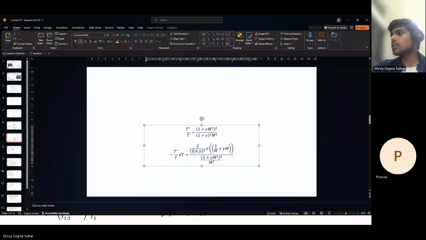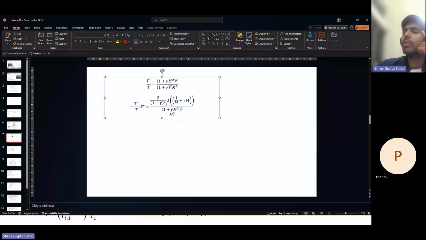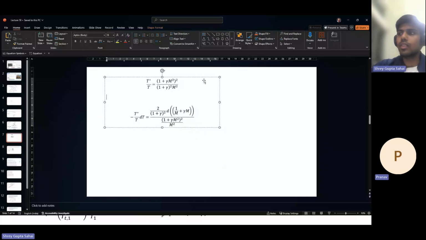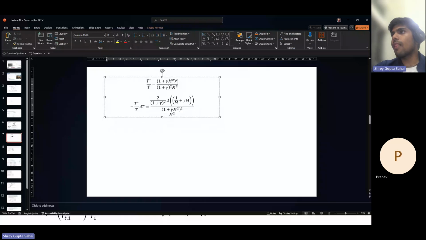The way I have written this expression straight away, probably there is an issue in how I have written this. Or is it clear? So the logic is, you got it, right?